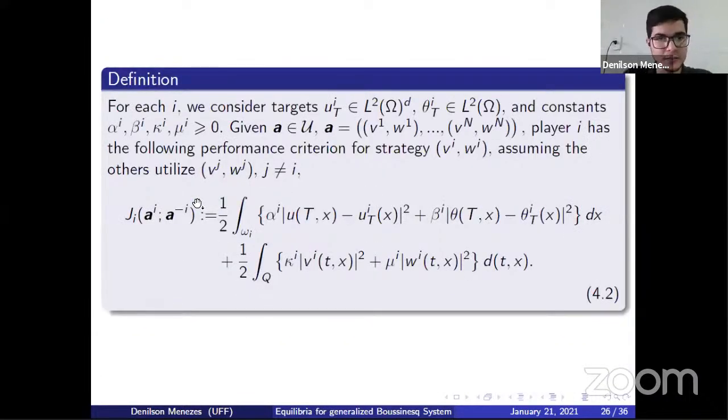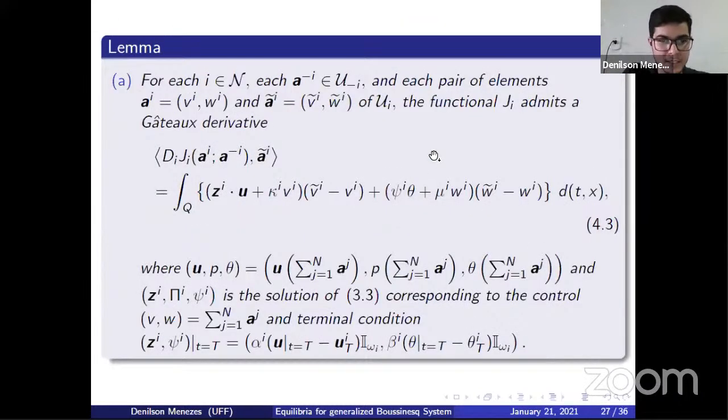And here is the functional that we use in our problem. Given a strategy, we assume that each agent has this functional Ji given by this expression. So we have the following results.